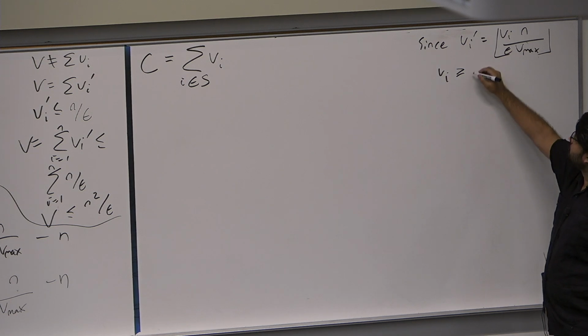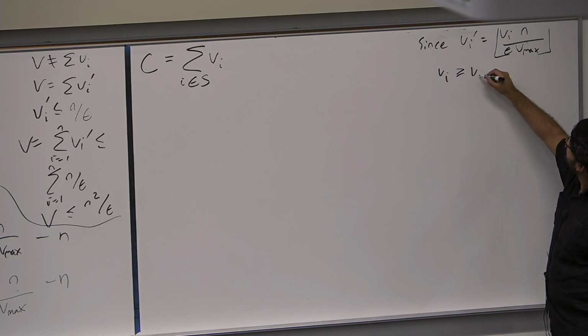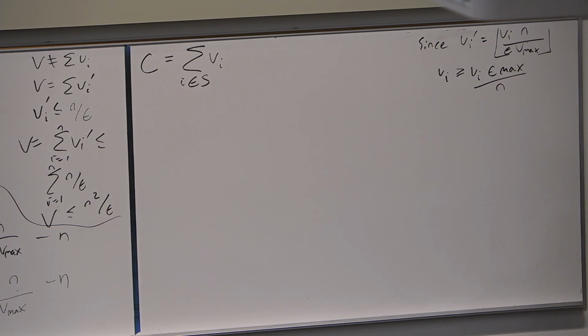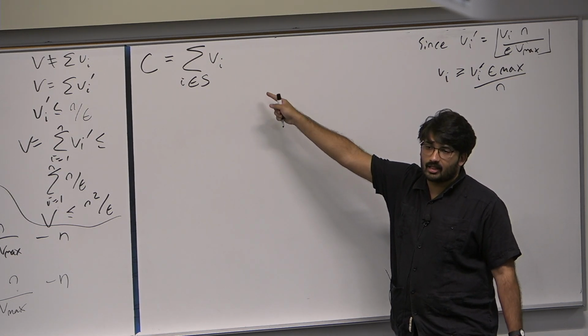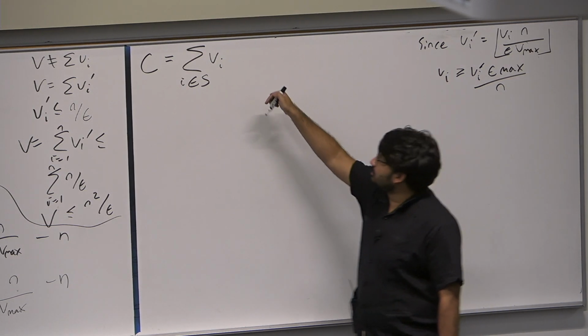Let's do a shuffle. It's going to be vi prime times epsilon v max over n. Is that right? Okay. So we may overestimate each vi by exactly how we computed the proxy value.